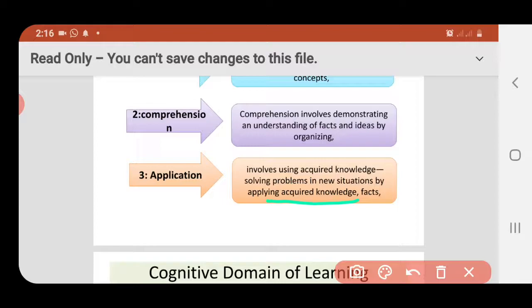From where did this learner acquire these facts? From the first level of cognitive: in knowledge he learned, then he comprehended it, and then he applied that knowledge.